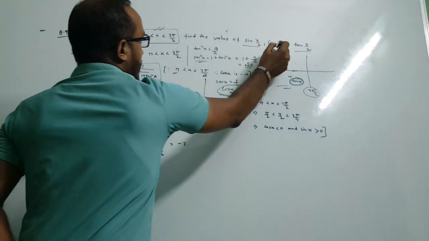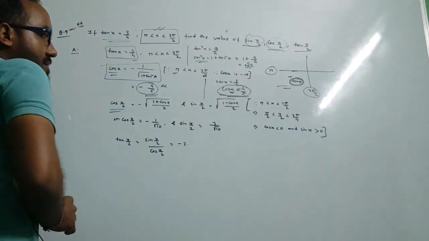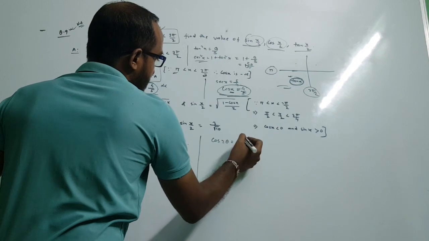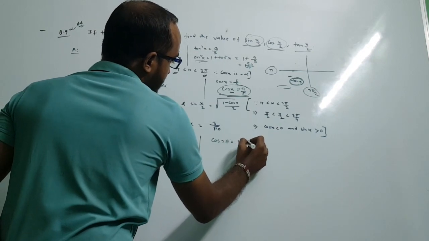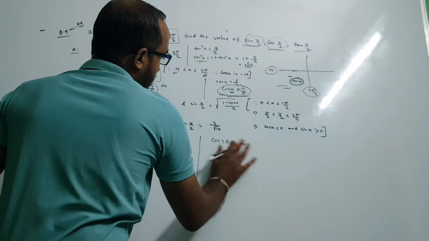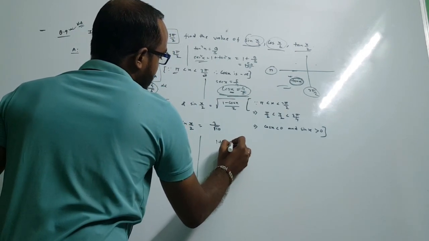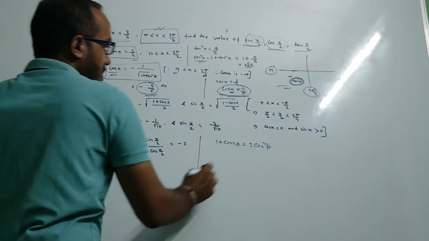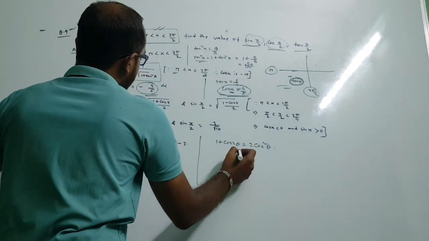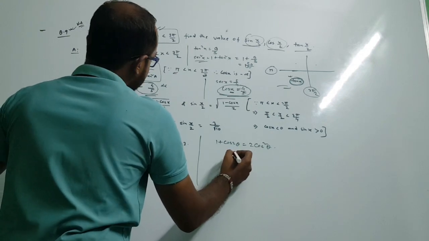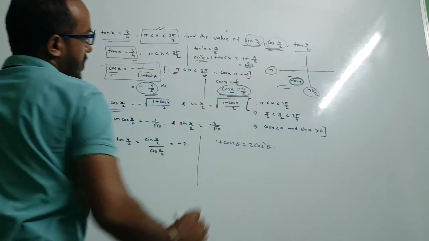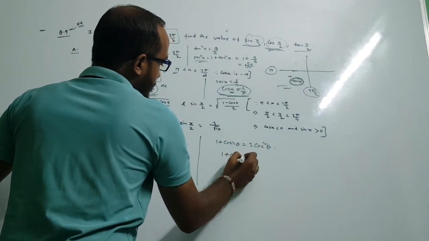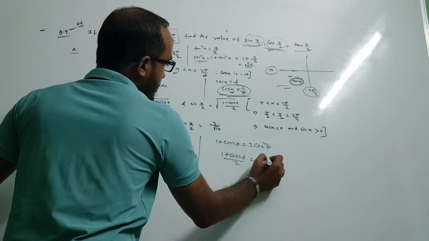Now they are asking about cos x by 2, sin x by 2, and so on. Now we know 1 plus cos 2 theta equals 2 cos square theta. We have to find the value of cos x by 2. That means 1 plus cos 2 theta by 2 would be cos square theta.